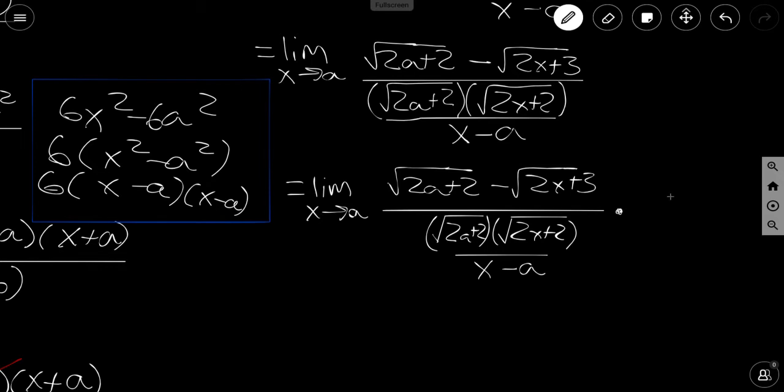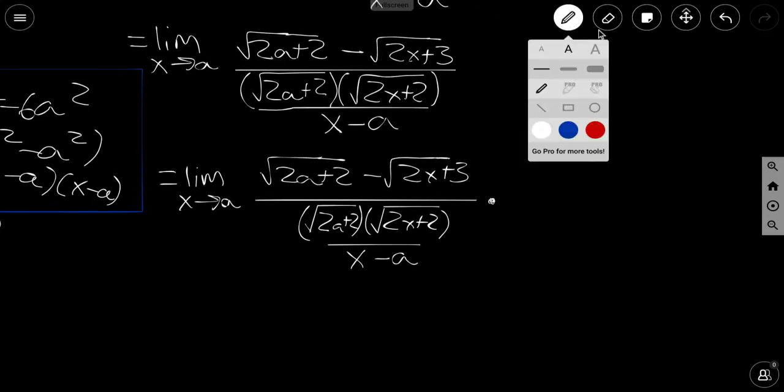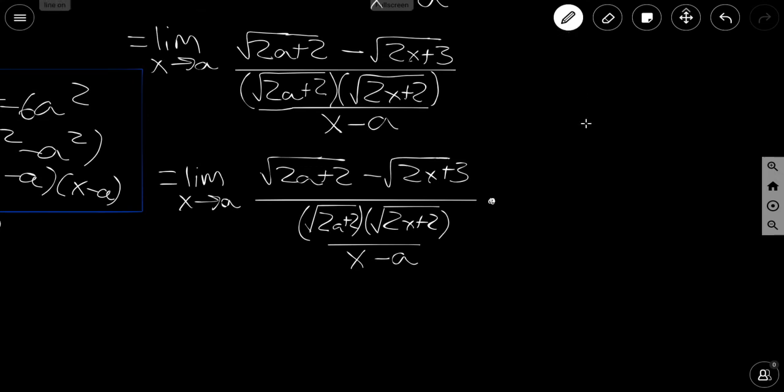So then by multiplying by the conjugate, that means multiplying by the numerator over the numerator, which I'll show you how it looks like.